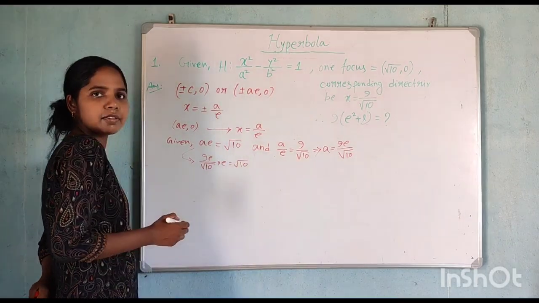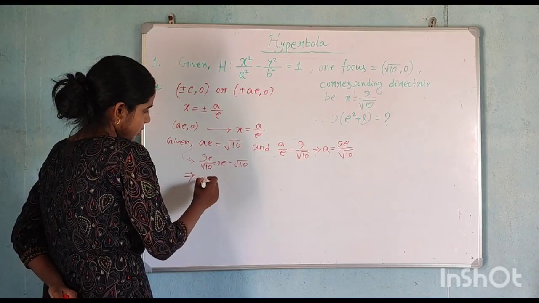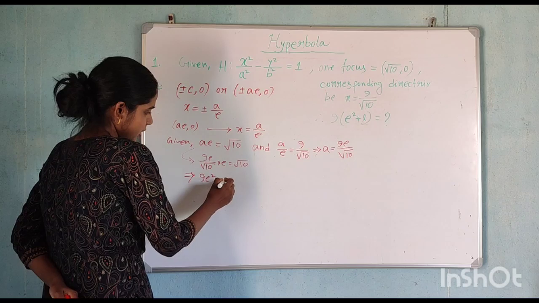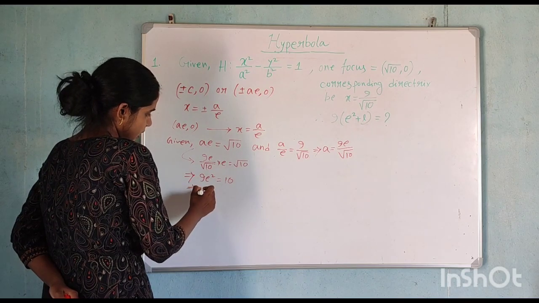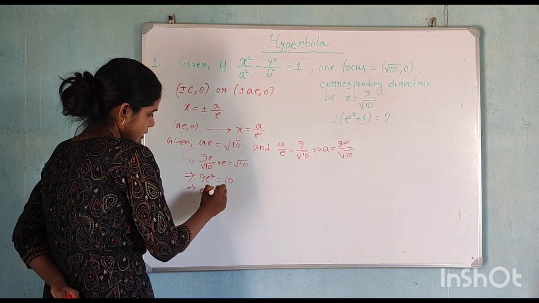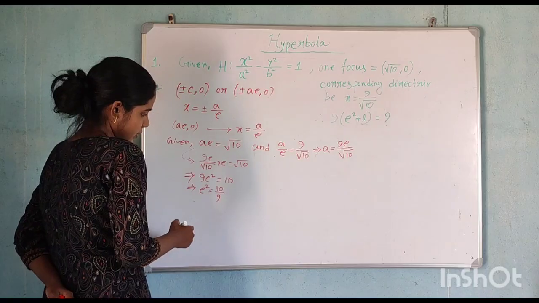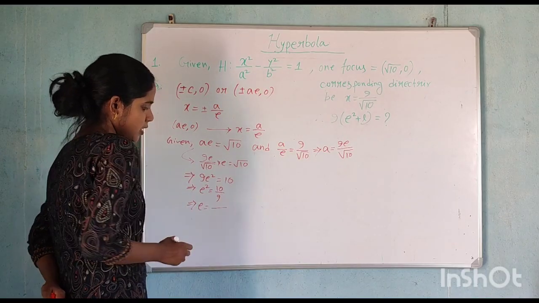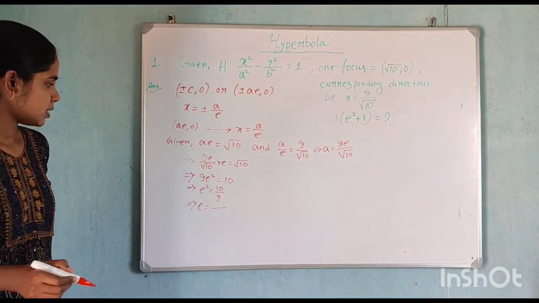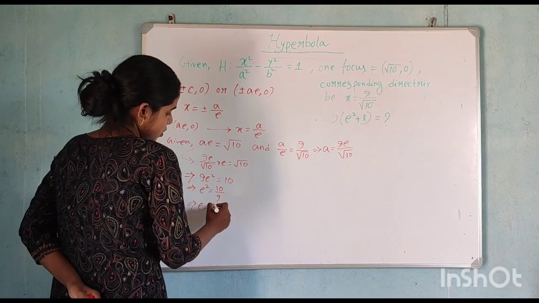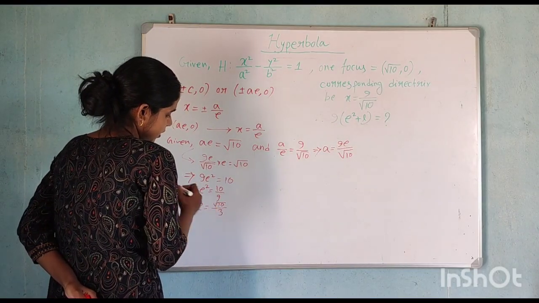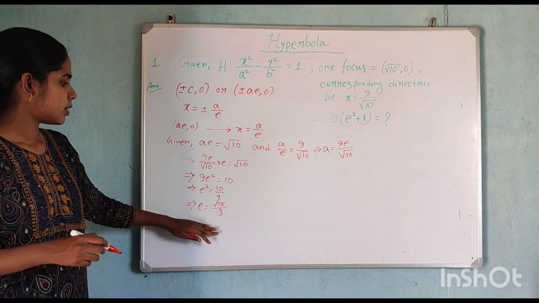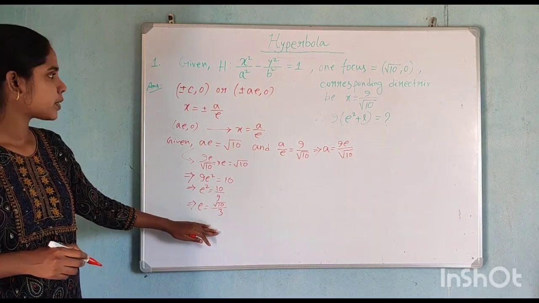Simplify it. So it will be 9e square, take root 10 to this side, it will be 10, which implies e square equal to 10 by 9. Okay. So that means, for hyperbola e is greater than 1, so e equal to root 10 by 3. Okay. So we get the value of e.